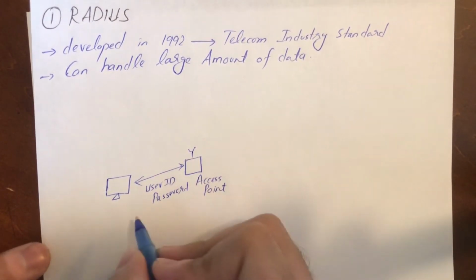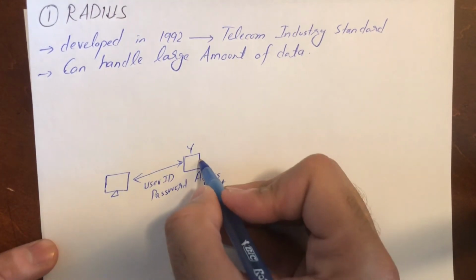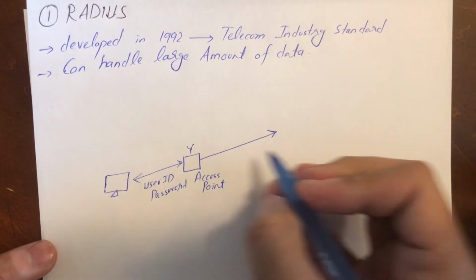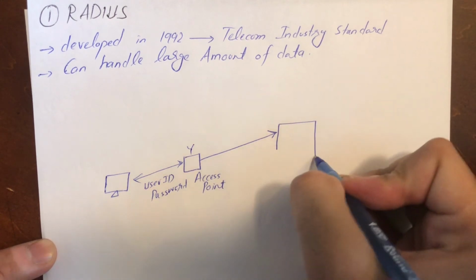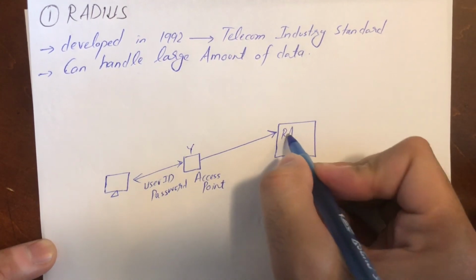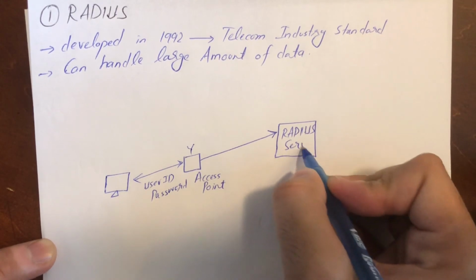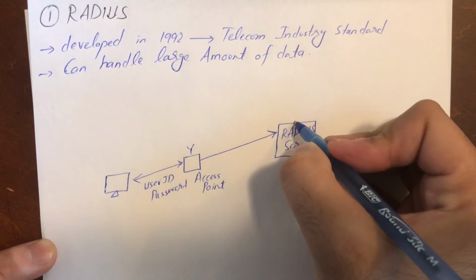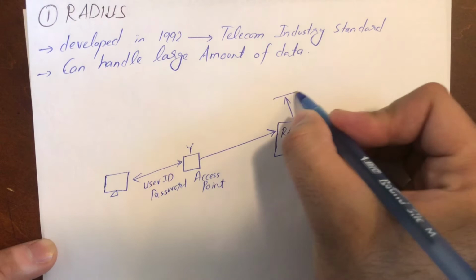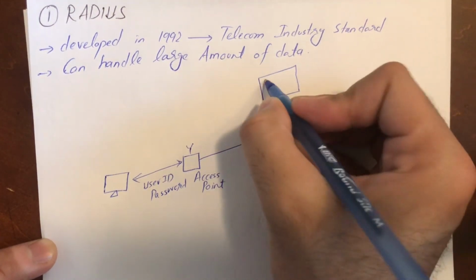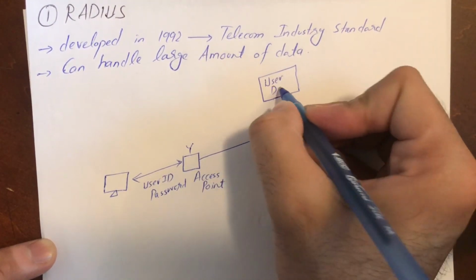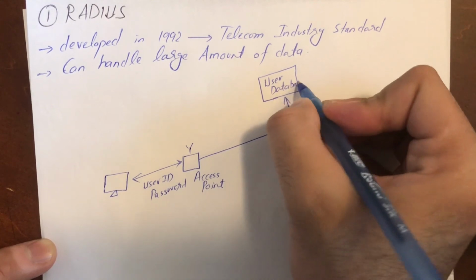The user sends the user ID and password to the access point, and the access point forwards this information to the AAA server, the Radius server in our case. The Radius server checks the user ID against the user database of authenticated users.